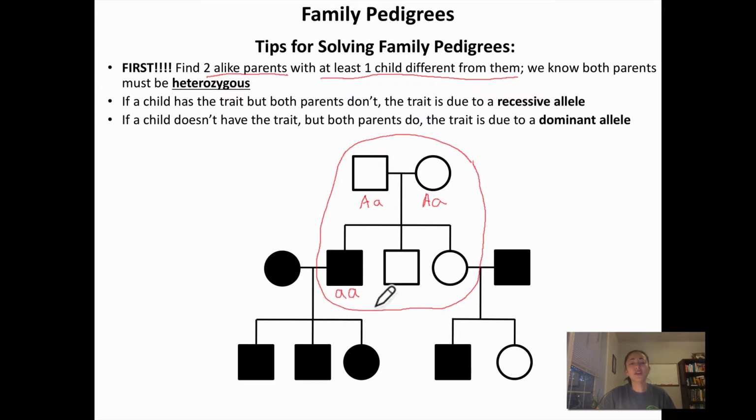So the child is expressing the recessive allele, whereas both parents are expressing the dominant allele. So anytime you see that pattern, we know that the trait we're interested in is due to a recessive allele. And then you also know that every individual that's shaded in this pedigree also is expressing the recessive allele, so they all must be homozygous recessive.